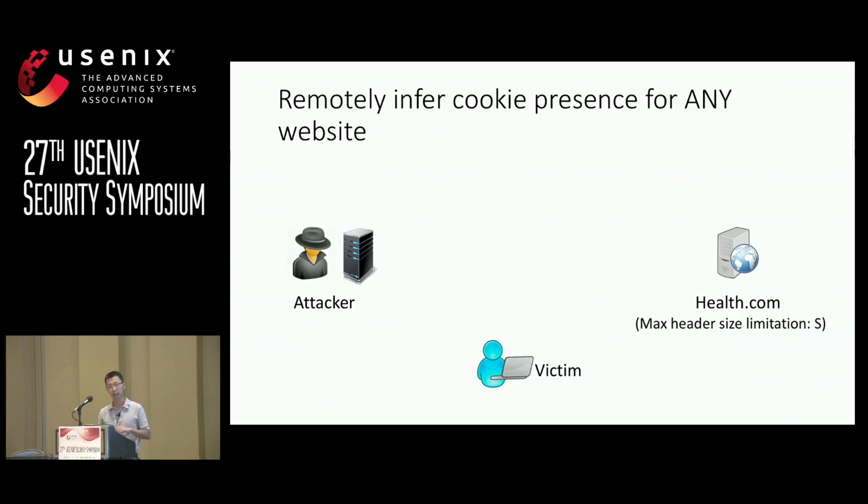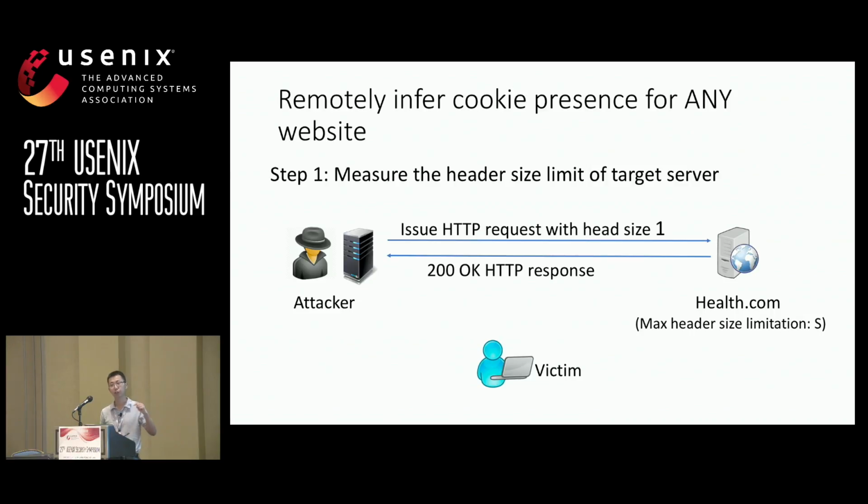Here is how this attack works. To carry out this attack, first the attacker measures the header size limitation of the target website by directly issuing requests to the target server and increasing the header size until receiving a 400 bad request response.